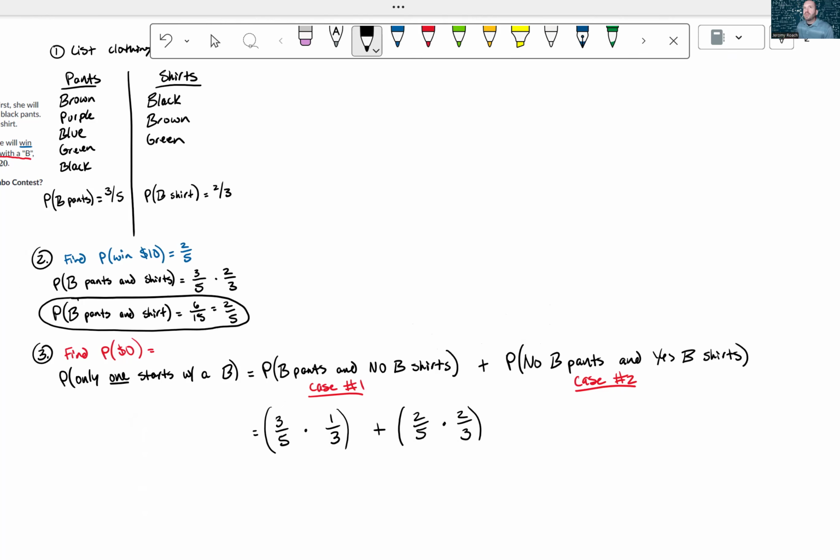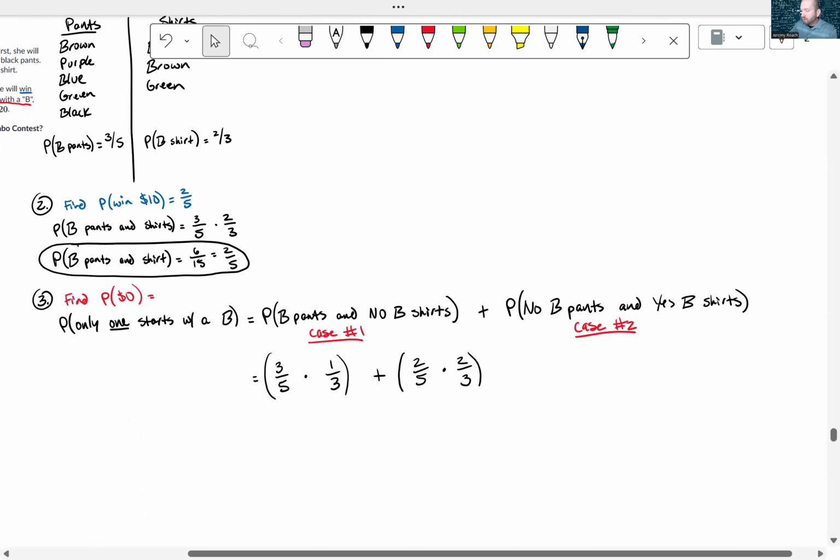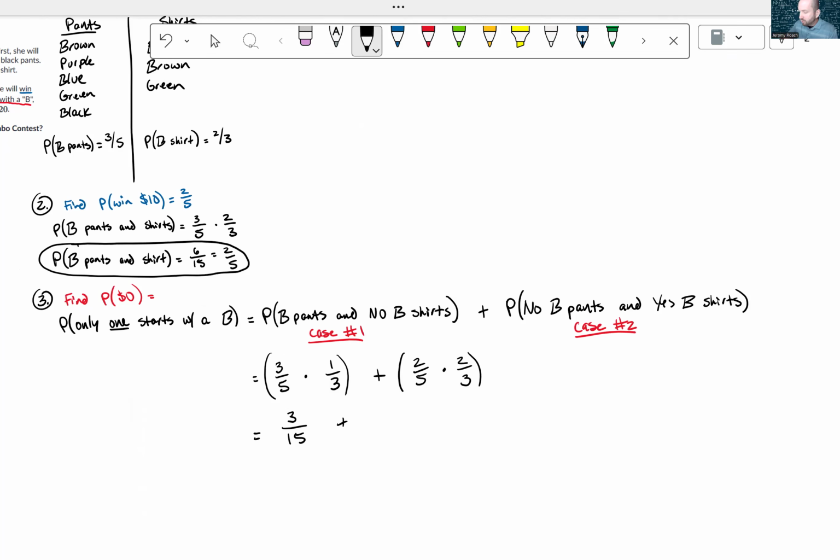Okay, so now we're going to just multiply all of these out, and make sure that's all correct. Yep. And so now this becomes 3/15 plus 4/15. And this equals 7/15.